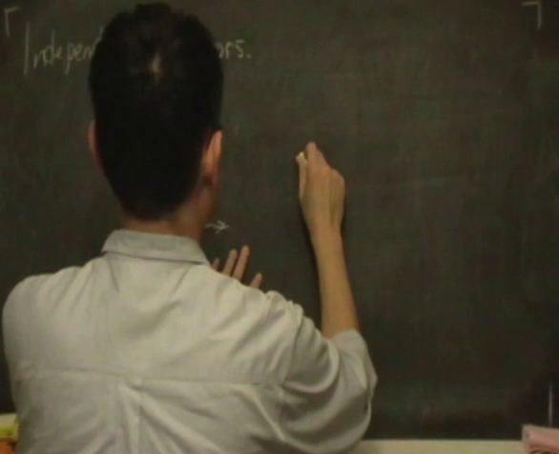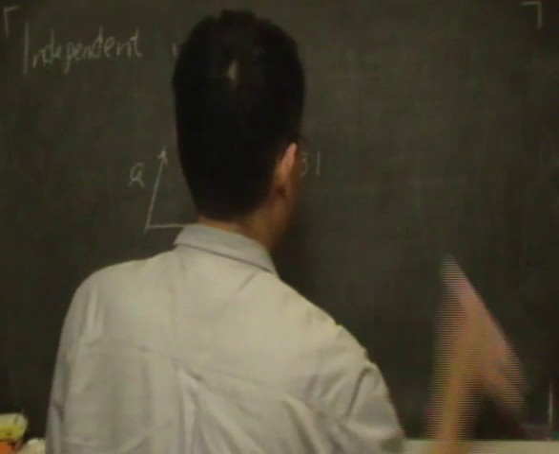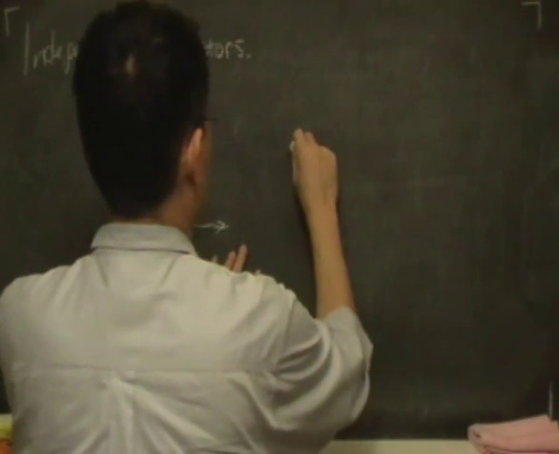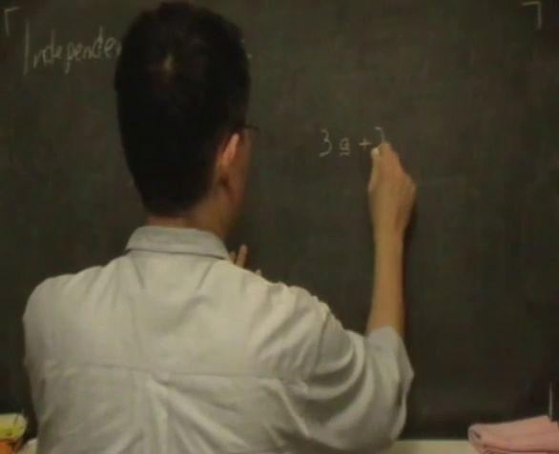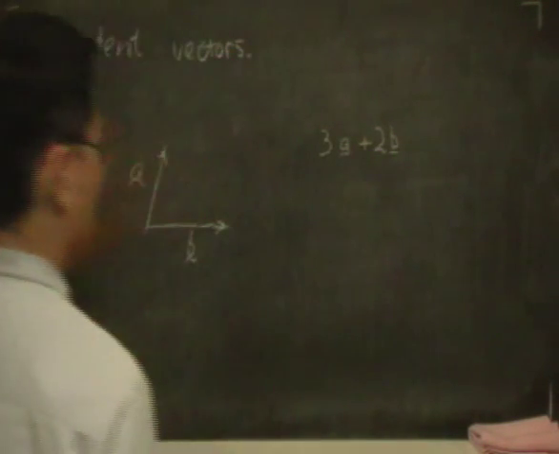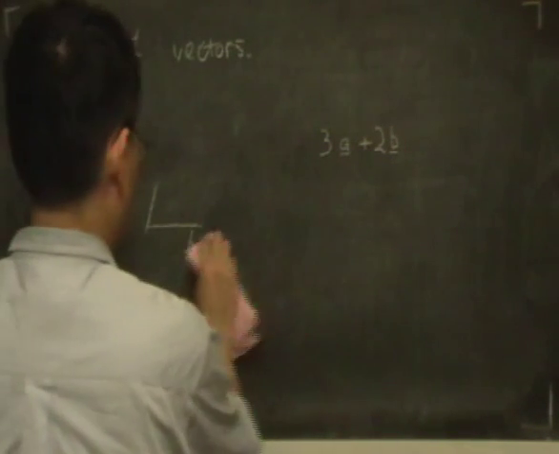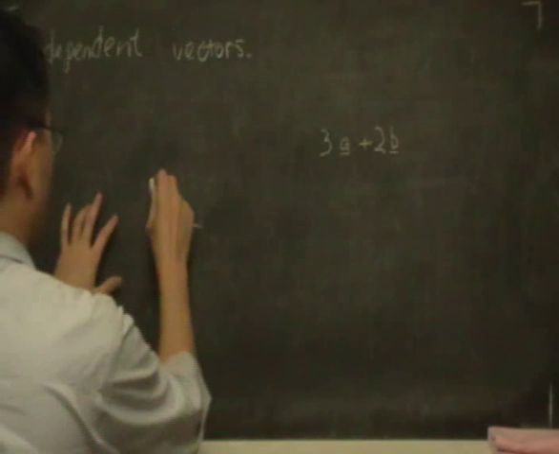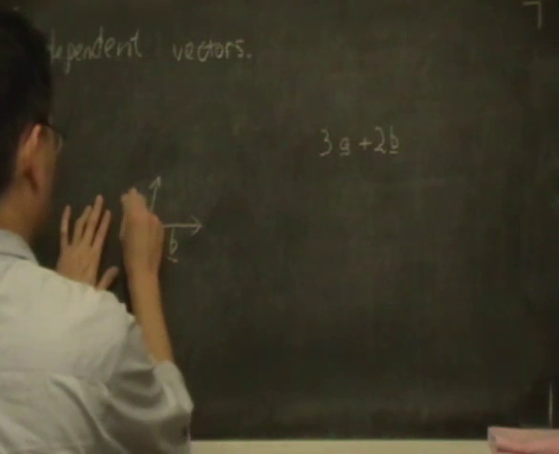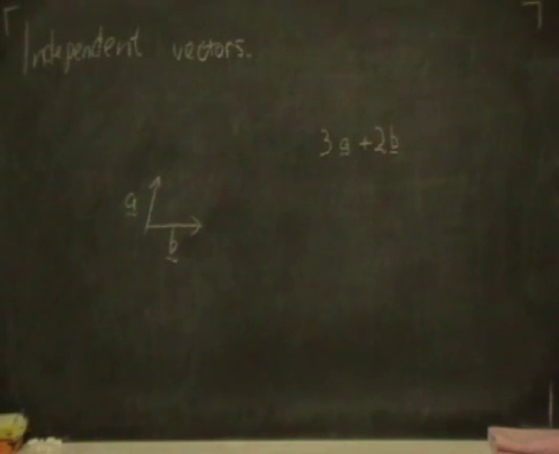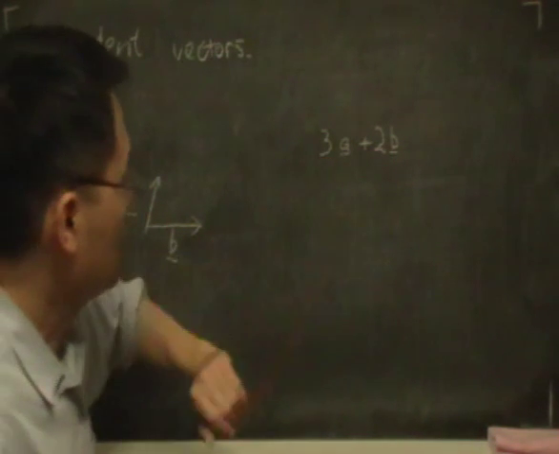Say 3 times A plus 2 times B. I'm just going to make this a little bit shorter, make it easier to draw. Right, that's B, that's A. Now, let's start by looking at that example. How can I draw such a vector?